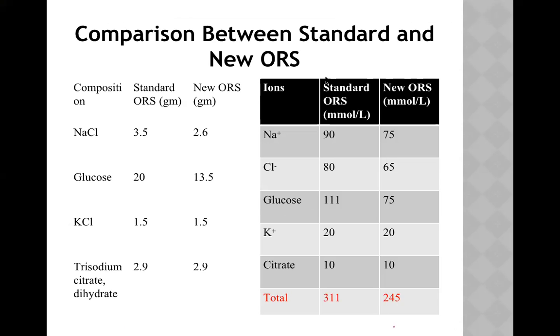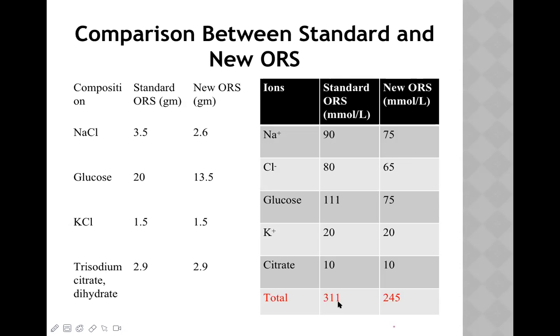They have revised it because the amount of sodium, chloride and glucose was way too high for that child, and easily the child can get hypernatremia after giving the standard ORS. That's why the concentration of sodium is decreased, and to decrease the osmolality of the overall fluid, the glucose concentration is also decreased. So that's the answer. So 245 is the new osmolality.